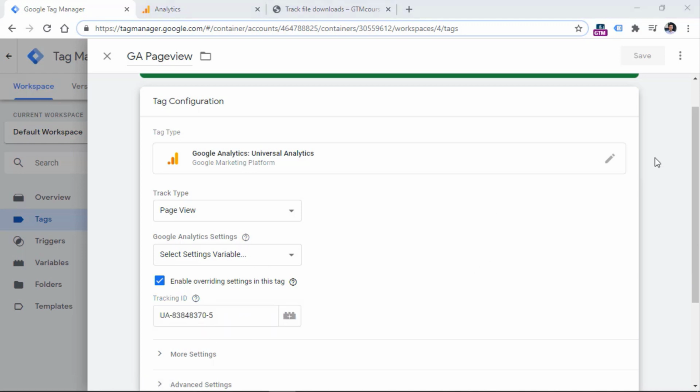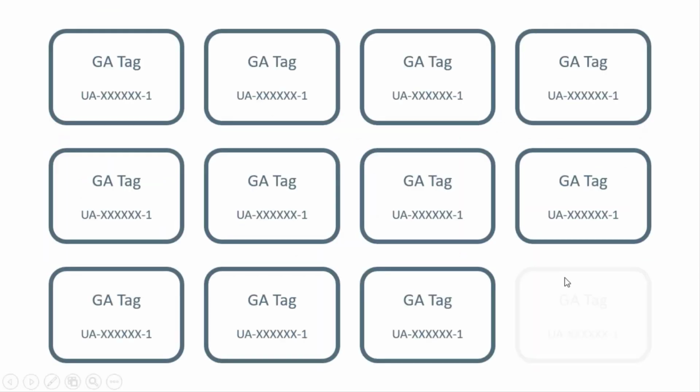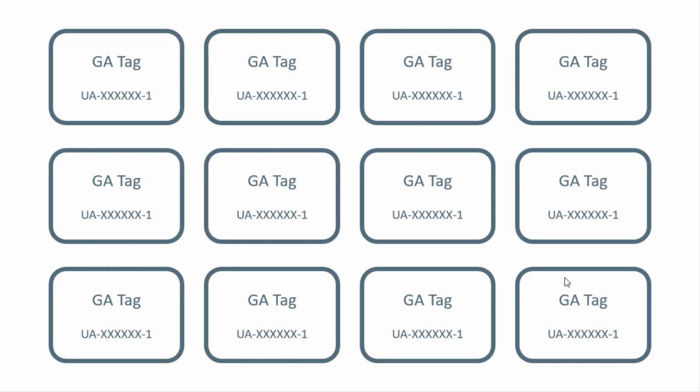Now, this is not a big deal if you're working with one or two tags, but imagine that you have 50 tags in your Google Tag Manager container and all of them have the tracking ID configured on the tag level. I mean by enabling this checkbox and then entering it right here. So what will happen on each tag, you will have that particular parameter configured. And if you have a bunch of those tags, the management of them will become much more difficult, because imagine a situation which is, well, not that rare.